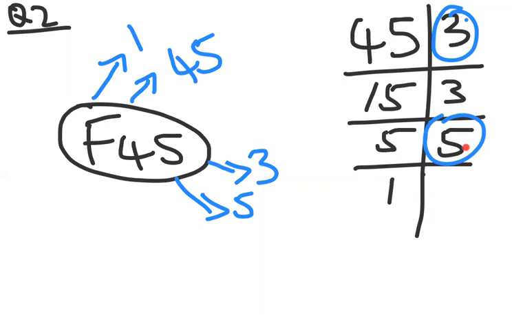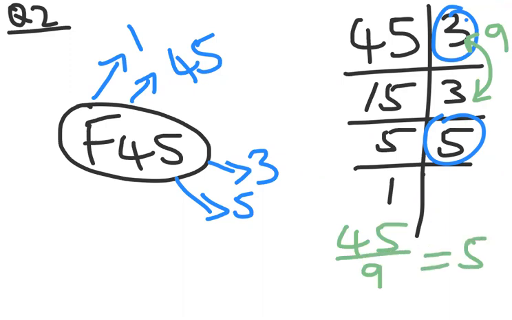Let's use this right-hand part and see if we can get some combinations. I'm going to look at 9. Why 9? Because I can already see a 3 and a 3. So 3 multiplied by 3 is 9. And if you work it out, 45 divided by 9 gives us 5. So that means 9 is also a factor.